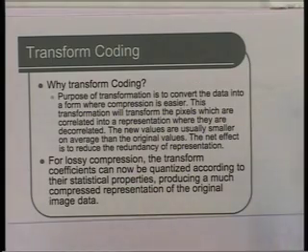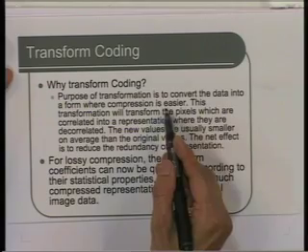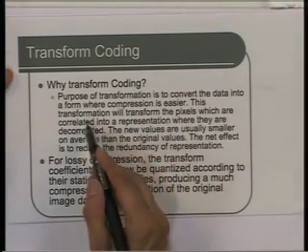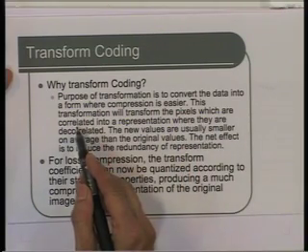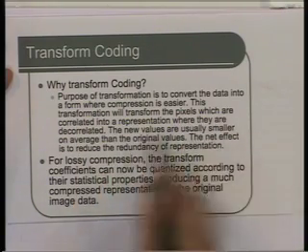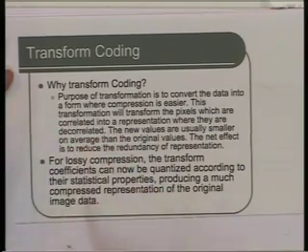So, if we ask why use transform coding, then we can answer as follows. The purpose of transformation is to convert the data into a form where compression is easier. This transformation will transform the pixels which are correlated into a representation where they are decorrelated. So, this is a very important aspect of transform coding.